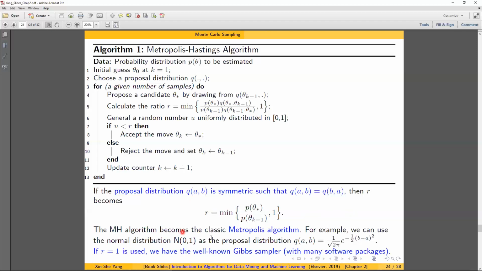Then the MH algorithm becomes the classic Metropolis algorithm. You can see that MH is Metropolis-Hastings. The original algorithm was the Metropolis algorithm, which has the property of a symmetric proposal distribution Q(A,B). So for example, if we use the normal distribution, because we know it's symmetric, as a proposal distribution, then we know it would be the Metropolis algorithm.